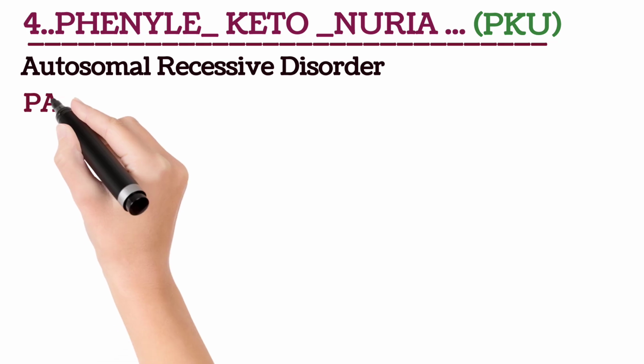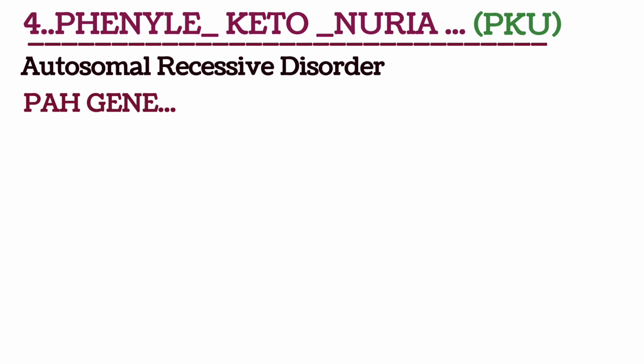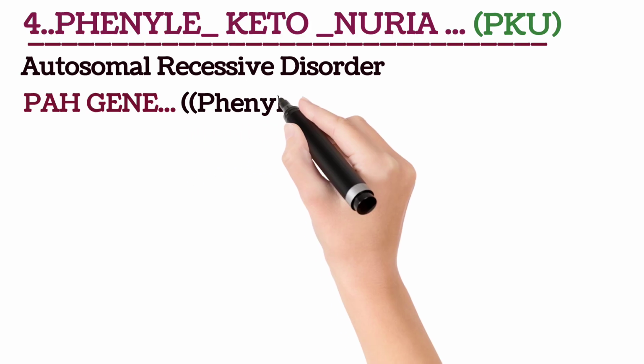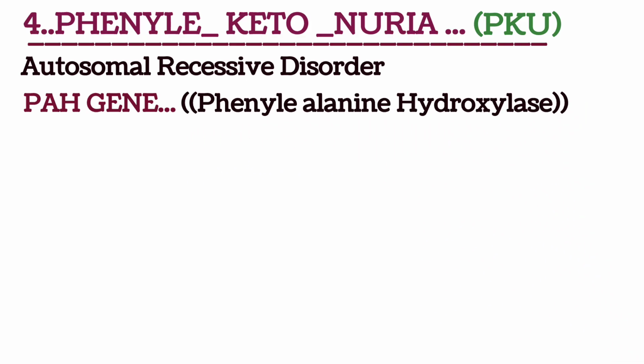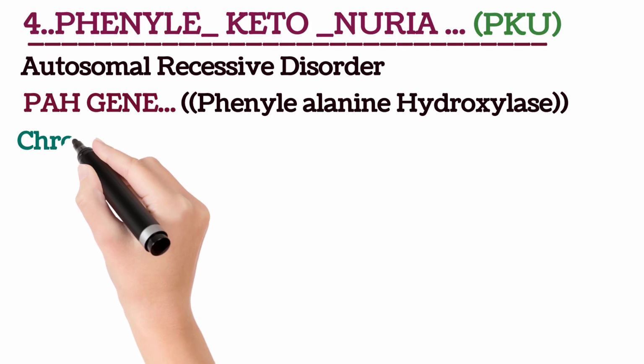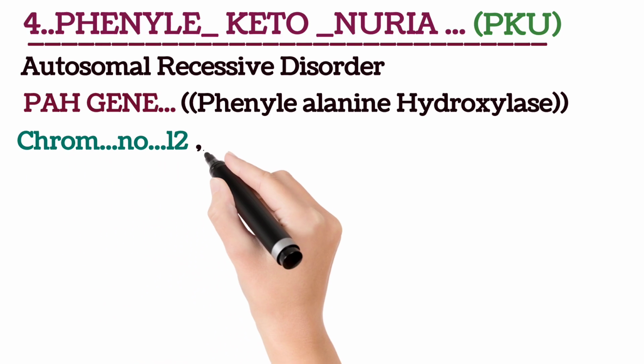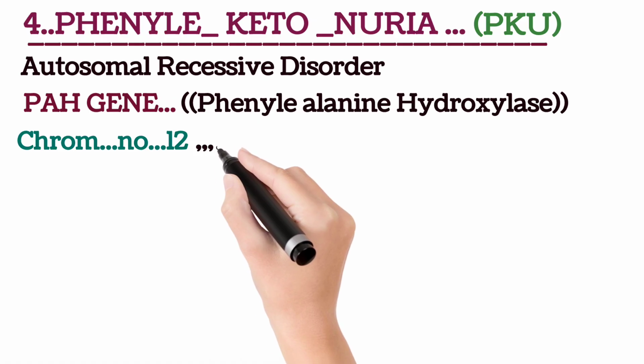Autosomal indicates its gene is present on an autosomal chromosome, and recessive means when the gene is present in homozygous recessive condition, then it is a pleiotropic gene or mutant gene. Normally the gene involved is known as the PAH gene, which stands for phenylalanine hydroxylase. The gene is present on chromosome number 12 in our body, meaning autosome.